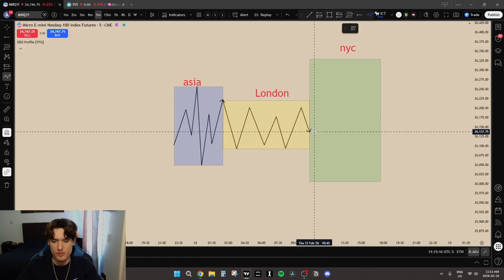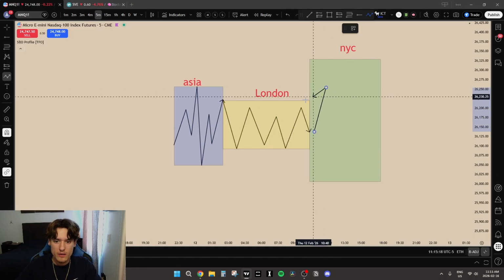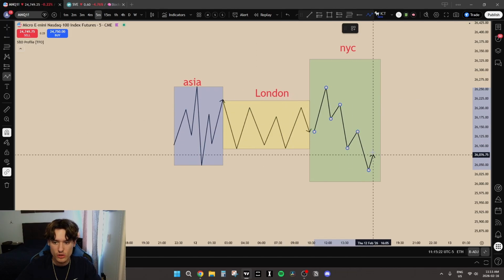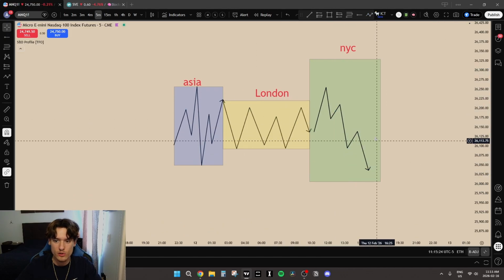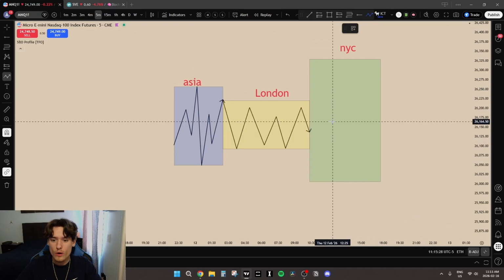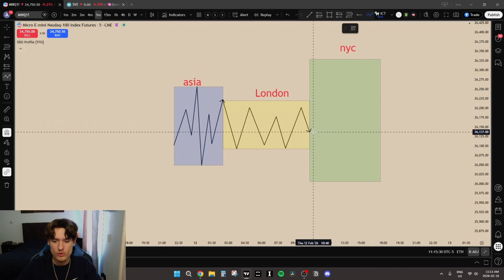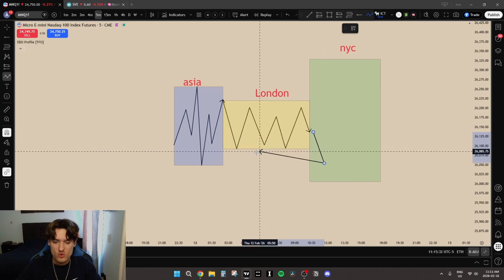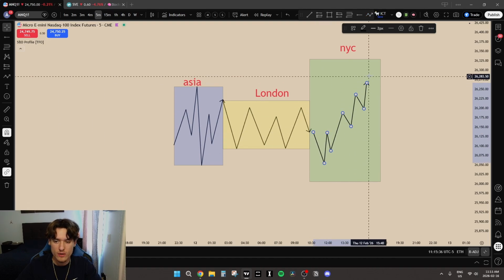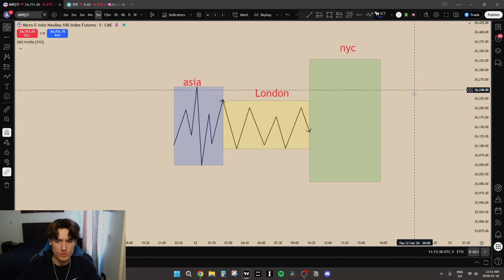Well, two options. Either we come higher, we sweep out London high, and then have the distribution lower. And in this zone, I can look for some very nice short opportunities with my model. Or I can anticipate that in New York session, we're going to come lower, sweep out London low, and then have the distribution higher. And over here, I could be looking for some long opportunities.